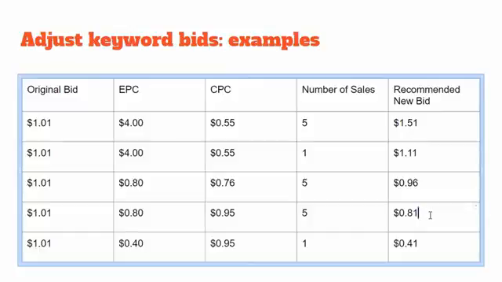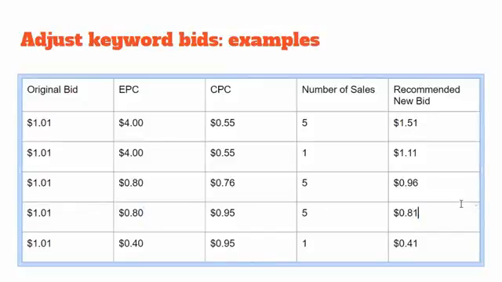We can see that the actual cost per click is very close to the bid itself. So that means our bid and the actual cost per click will most likely be very similar. So if you want to make this keyword profitable, the new bid should be lower than the EPC.